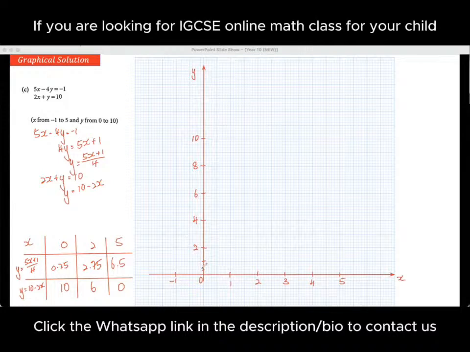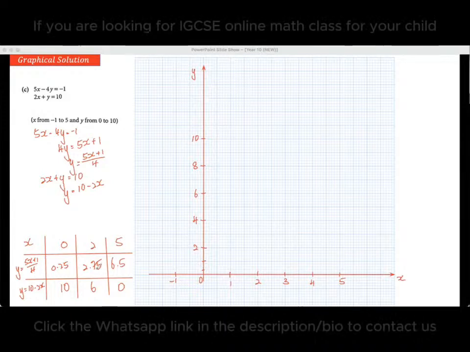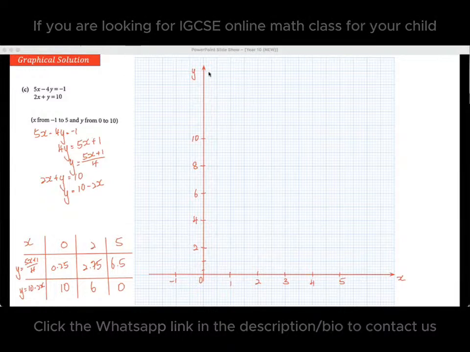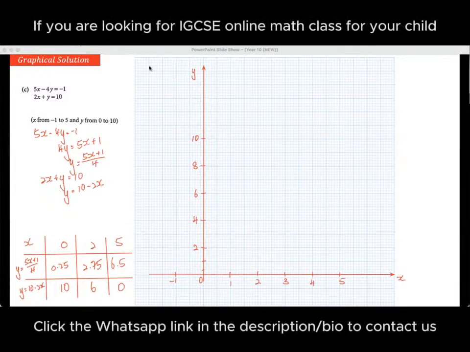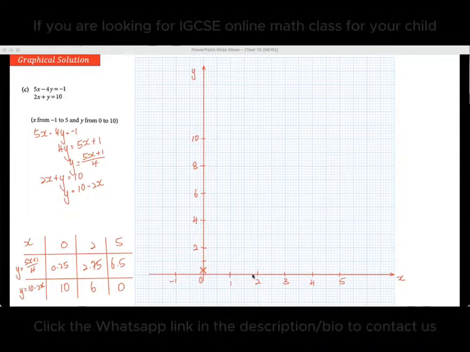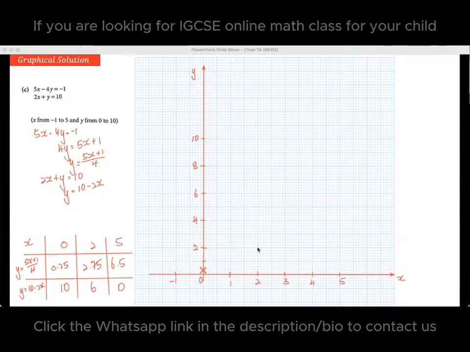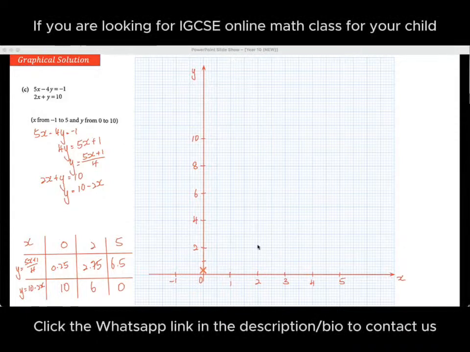to plot 0.25 at like 2.75. So for my case, because my graph paper is not big enough, what I can do is I just estimate. So 0.25 here. When x equals 2, y equals 2.75. 2 is here, 2.2, 2.4, 2.6, 2.75 here.